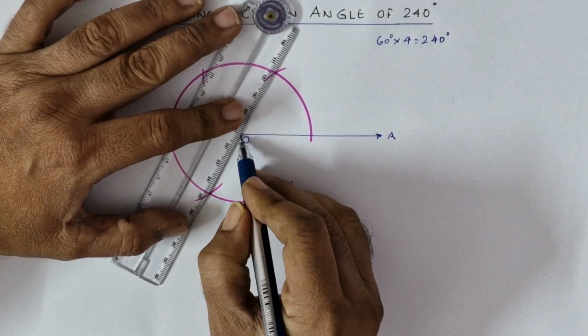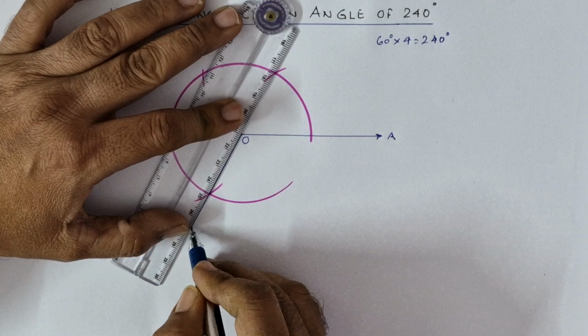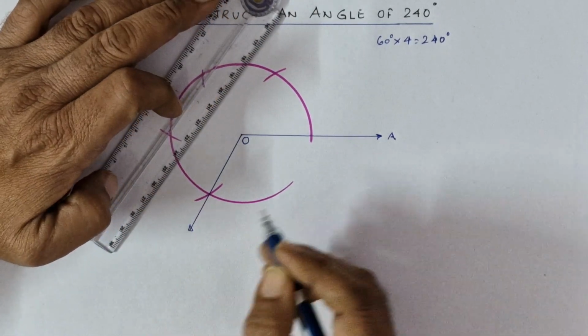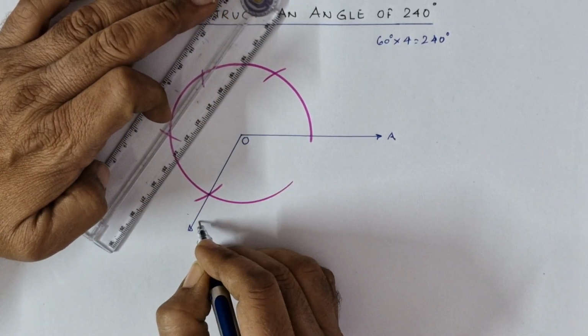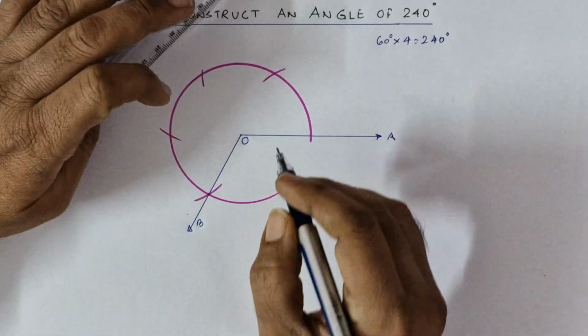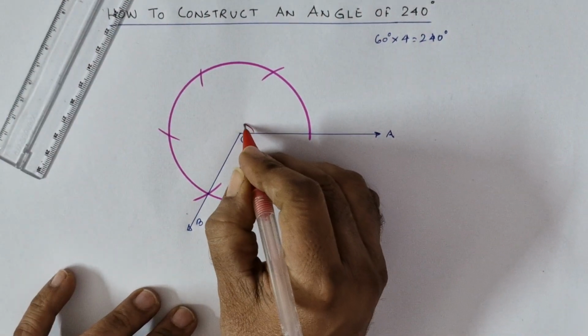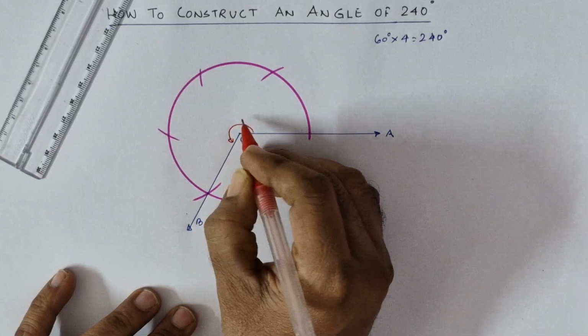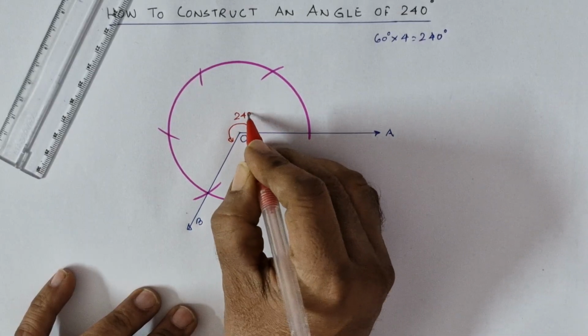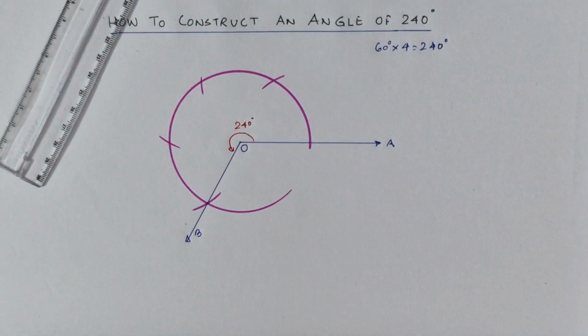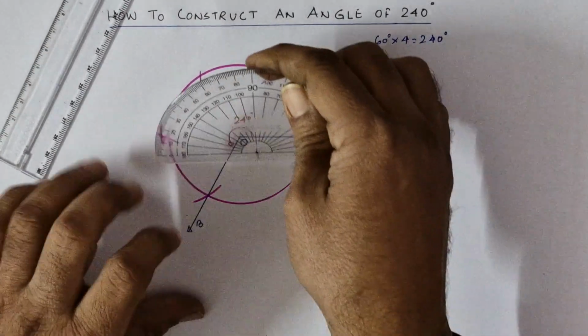Now from O, join this to AO, and let's name it as B. Now this particular angle will be 240 degrees. Got it? Now you can obviously check it out.